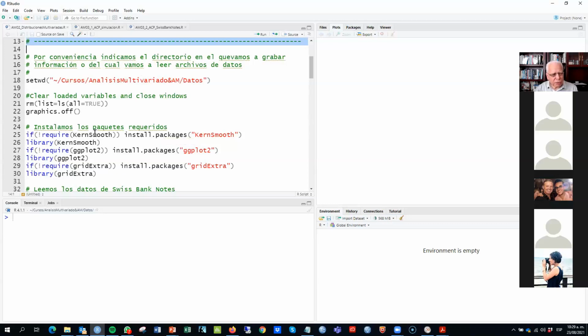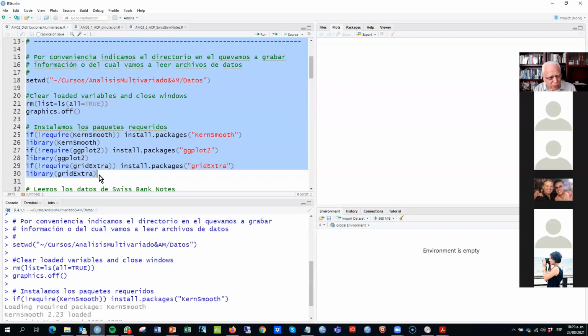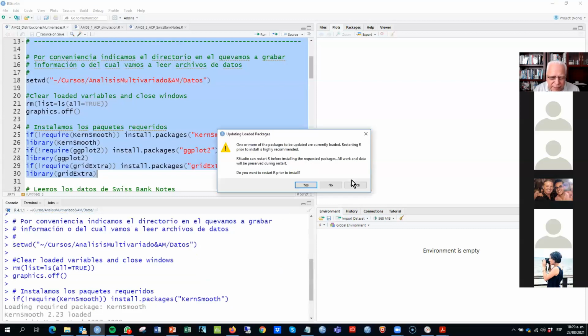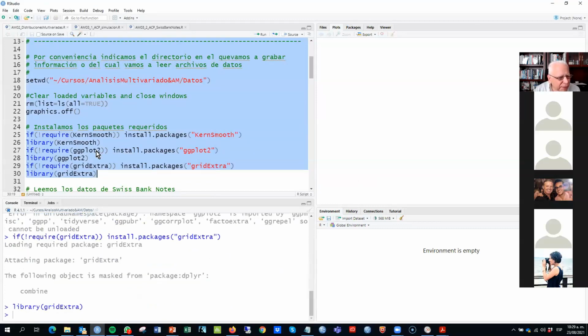We're going to use KernSmooth to estimate densities, ggplot2 to generate the graphs, and gridExtra to draw multivariate distributions also. So run all those lines.